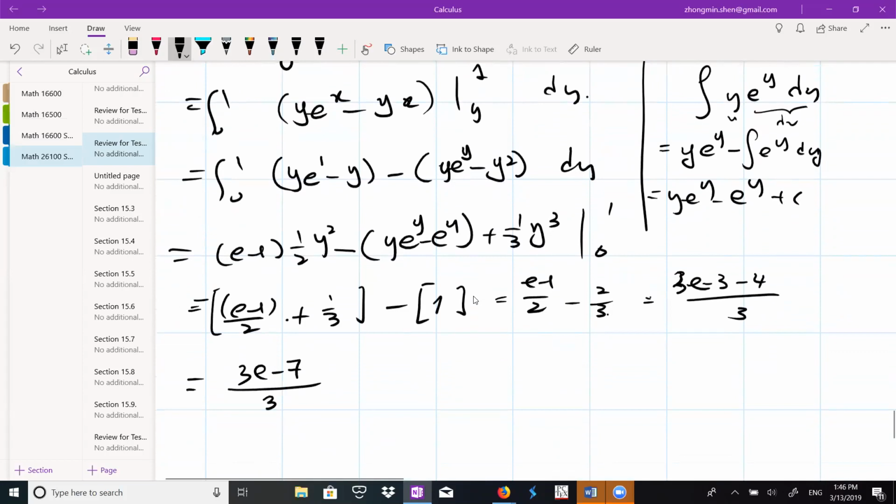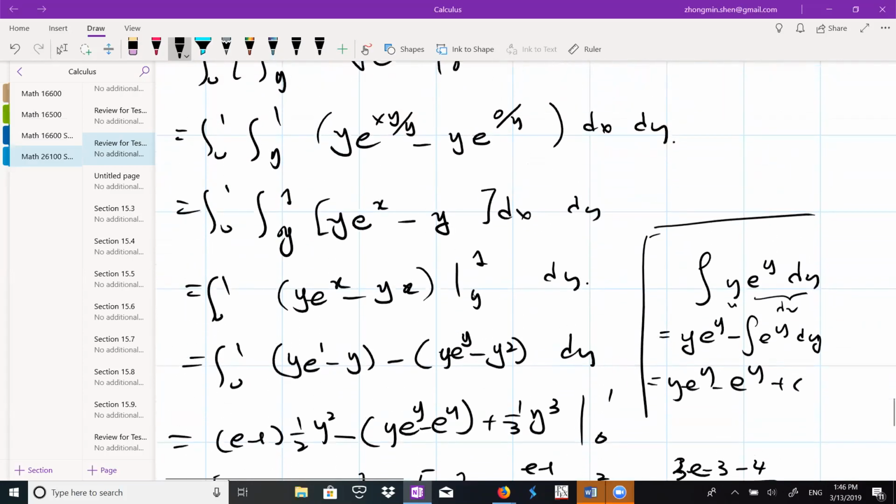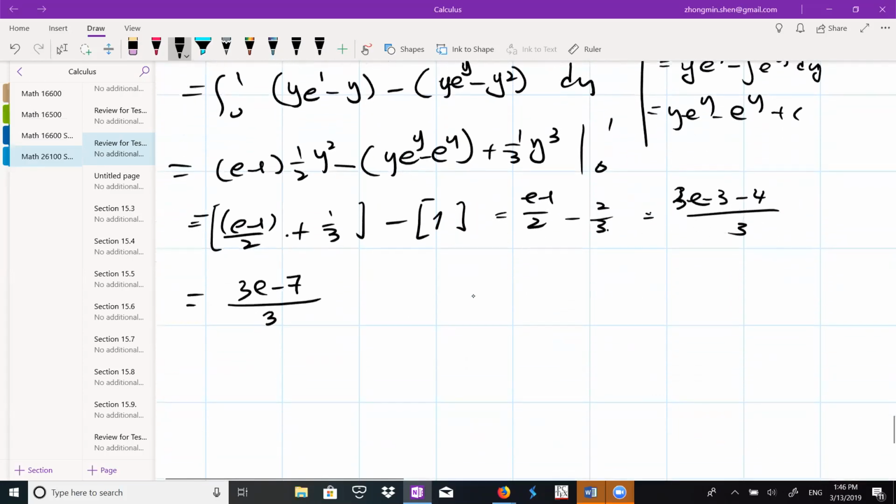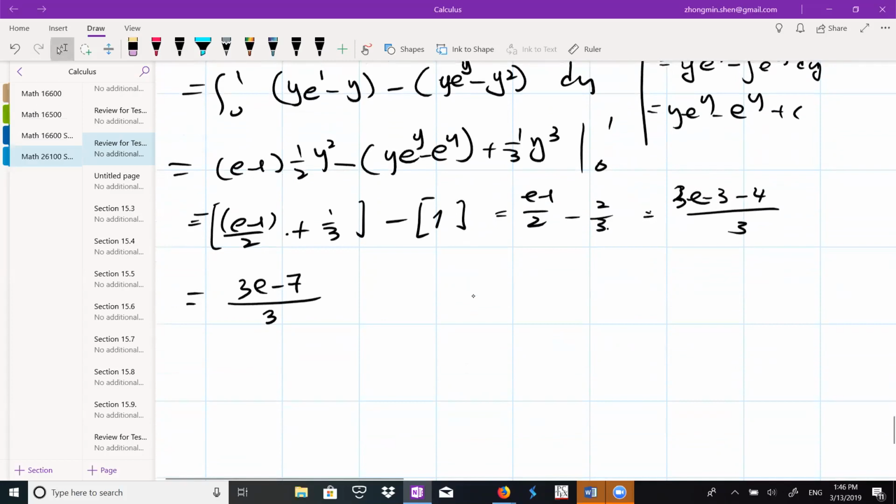I think it is going to be 2.7 times 3, 7.4 minus 7. It's positive, okay? When you get an answer, double check. It's common sense: because the function is positive, the integral of the function should be positive. I hope there are no computation mistakes.